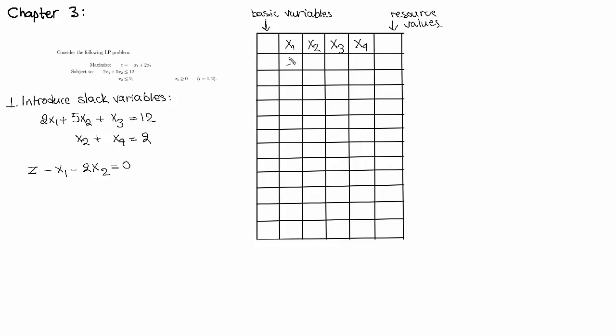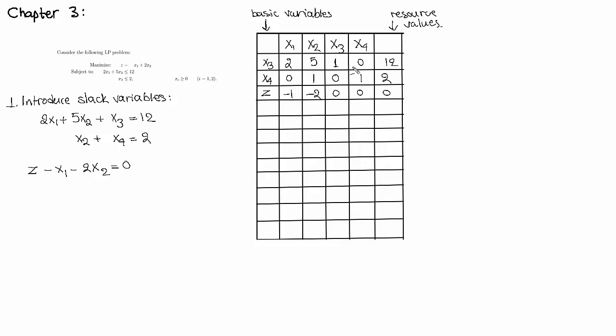So we have 2, 5, 1, 0, and 12, and 0, 1, 0, 1, and 2. And then z, minus 1, minus 2, 0, 0, 0. And we can see that the first basic variable is x3, so we put x3 here, and the second one is x4, since they have a 1 entry and the rest of the column is zeros.